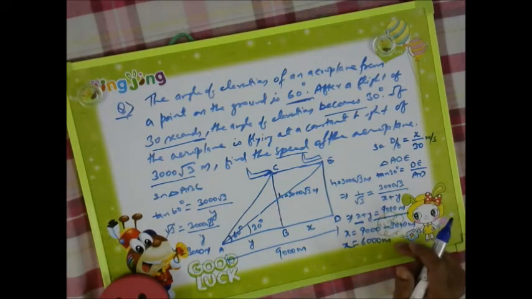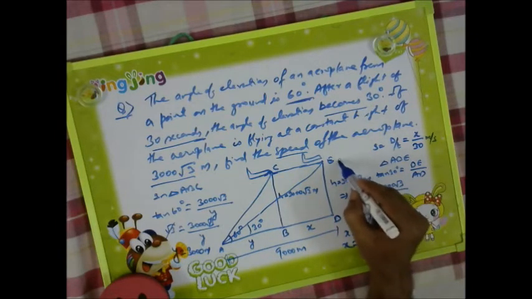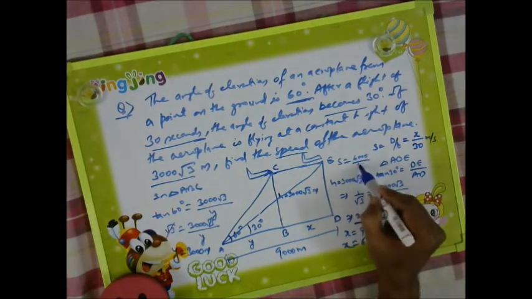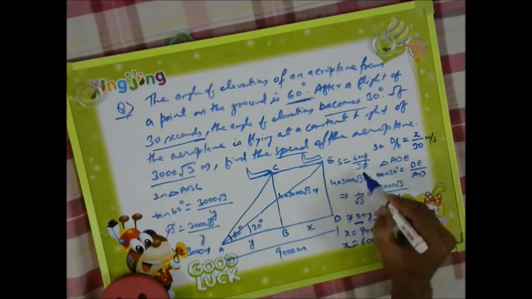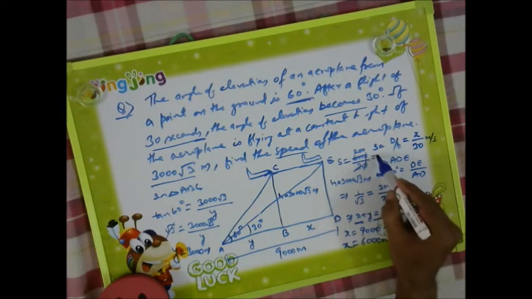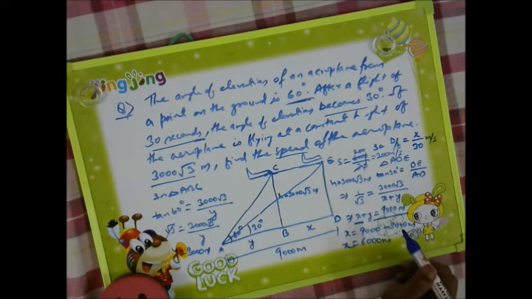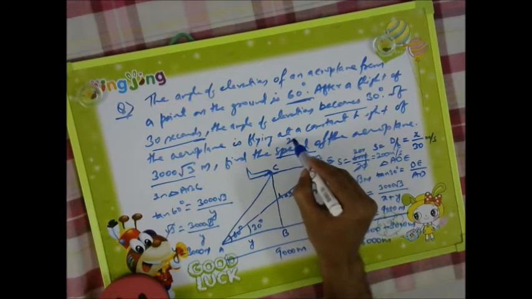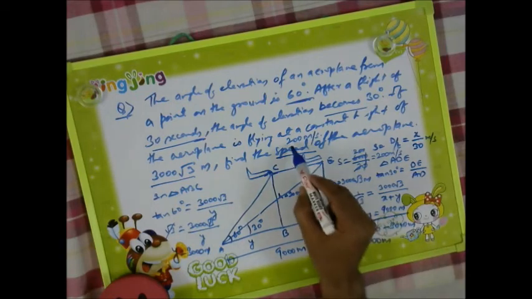Once we got X equal to 6000 meter, we will be putting here, so S is equal to X by 30, 6000 by 30, we will cancel it, and 200. So speed of the aeroplane is 200 meter per second. We have found this.